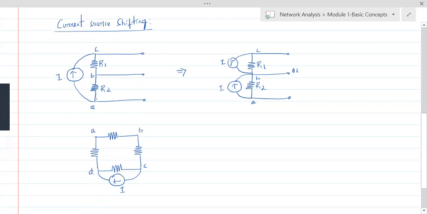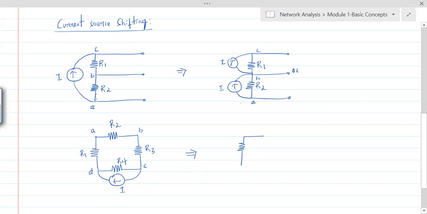Suppose this is R1, R2, R3, and R4. So what we can do here is this. There is a current I flowing from C to D, and the same can be done like this.